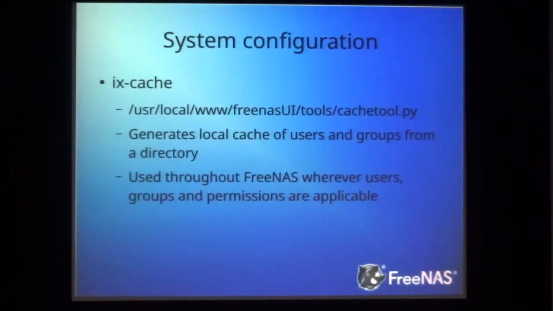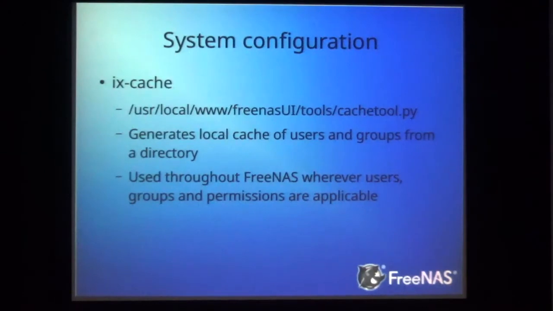ixcache. This goes out to the directory and grabs all the users and groups from the directory that are of, what's the object type? I'm sorry, I don't remember the particular object type, but it grabs user and group objects and caches them locally.